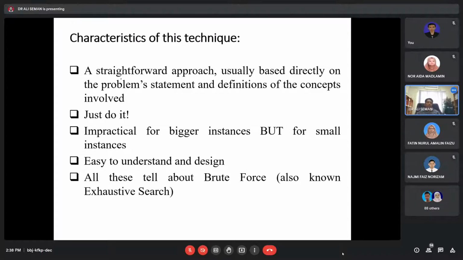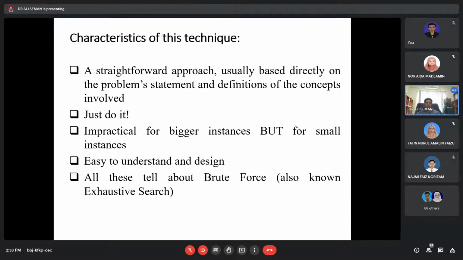That becomes impractical for bigger instances. Okay, number 4 here, easy to understand design. Of course, I think it's straightforward. Just do it. Easy to understand, maybe easy to design, easy to implement. Okay, and all these characteristics tell us about the brute force design strategy.